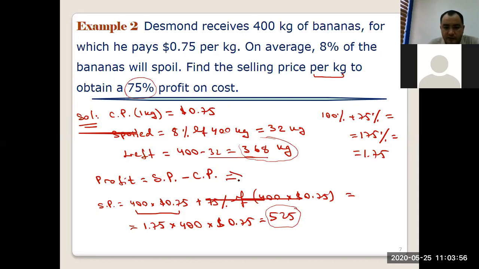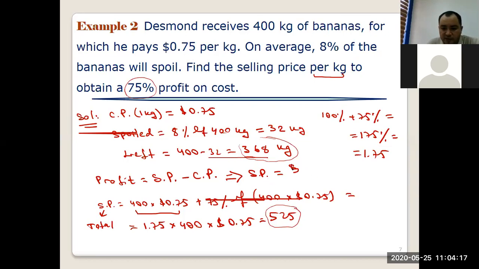Confused here. We need to find the selling price, right? What is the selling price of 1 kilo of banana? That is total selling price divided by how many kilos of banana we are selling. This one is the total selling price, and this one is the selling price of 1 kilo of banana.